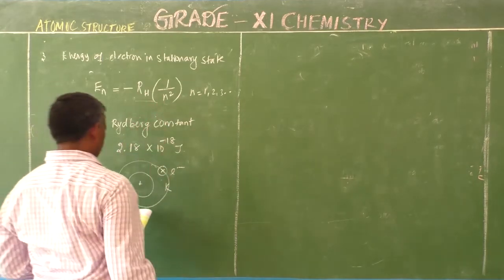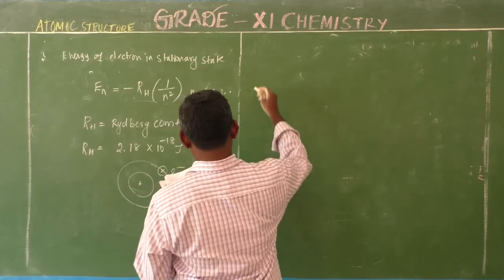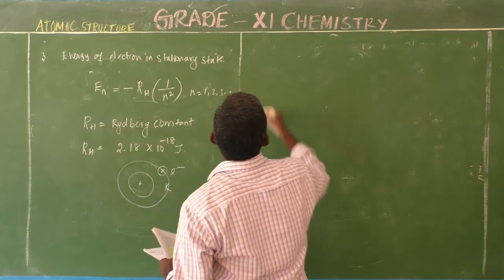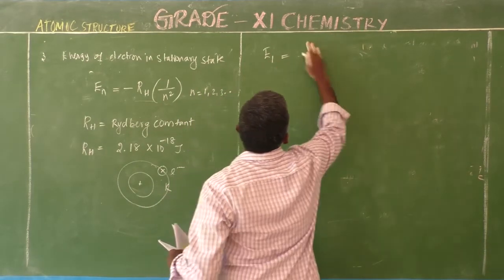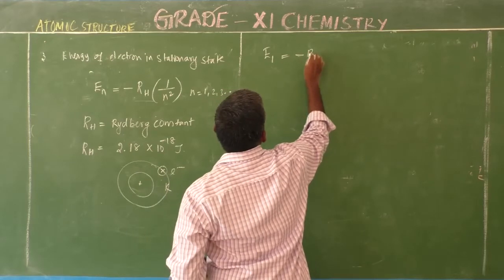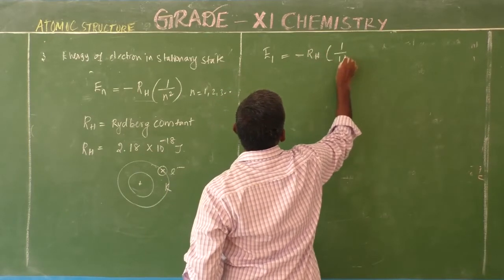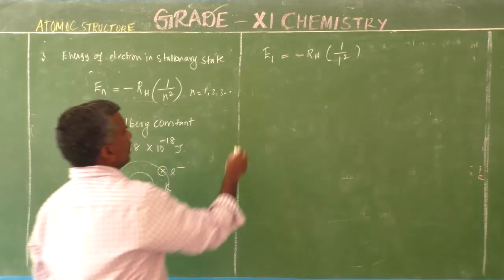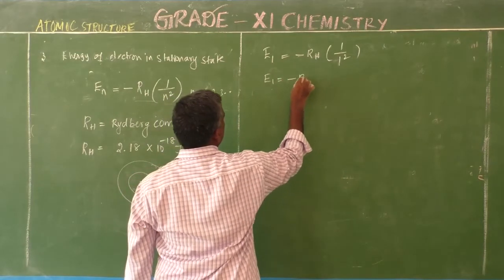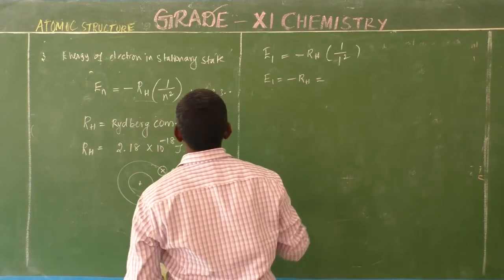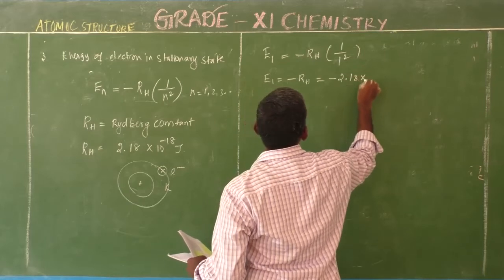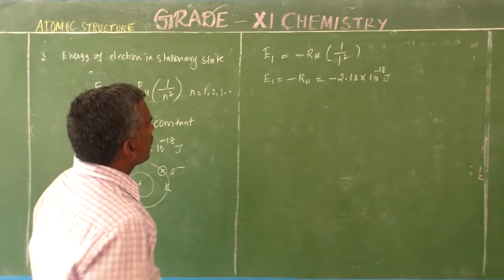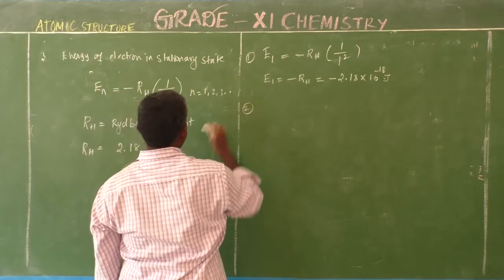Here n is equal to 1, so En is equal to minus RH times 1 by 1 squared. Because the electron is present in the first cell, the electron energy is equal to minus RH, which is minus 2.18 into 10 power minus 18 joules.